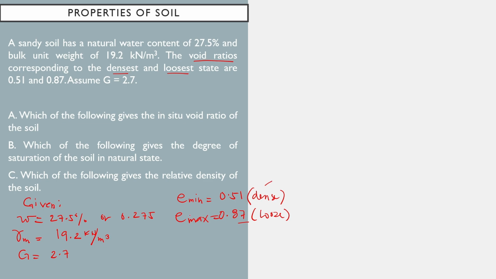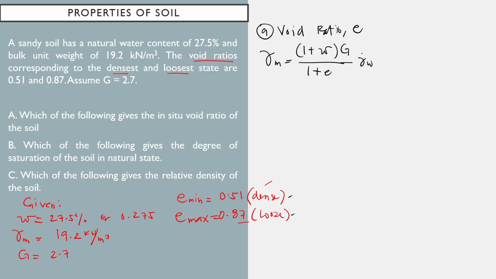Ayan, so una pinapahanap sa atin yung in situ void ratio ng soil natin. So, paano natin makukuha yun? So, letter A, void ratio. Sulat lang natin. Ito yung E. So, dito, pwede natin gamitin, since binigay yung bulk unit weight or the moist unit weight, so pwede natin gawin is yung gamma sub m is equal to 1 plus yung moisture content times the G divided by 1 plus E times yung unit weight ng water.